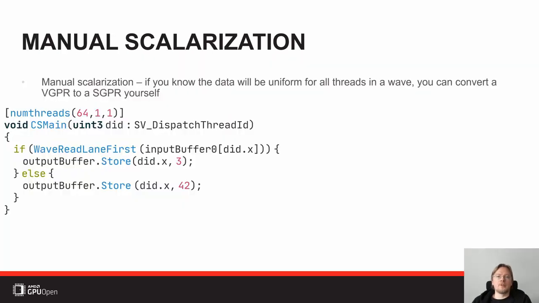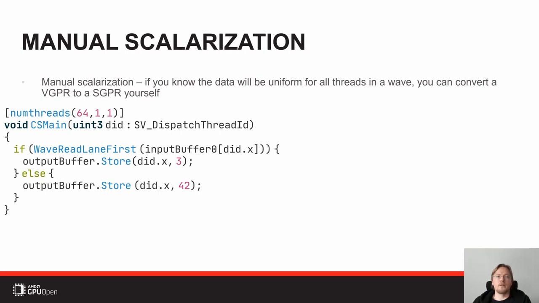You can also scalarize manually, and that's when you know something is dynamically uniform, right? So you know you're reading something which will be true and the same for all of the values in your vector, even though you're loading with a vector index, for instance, and for some reason this happens. So in this case, you can manually scalarize, and then things like wave read lane first happen, right?